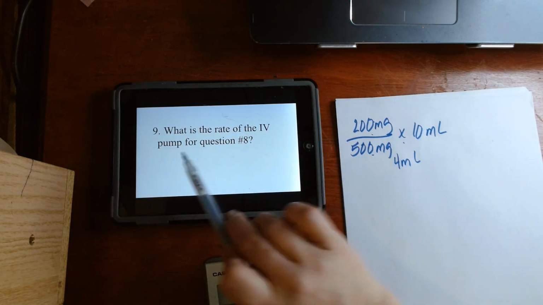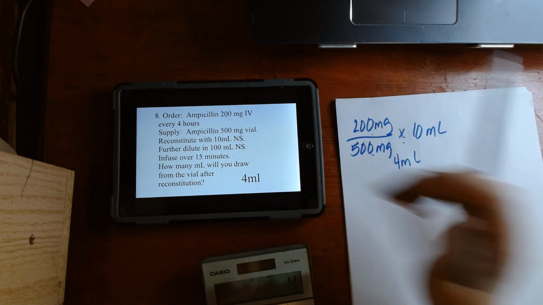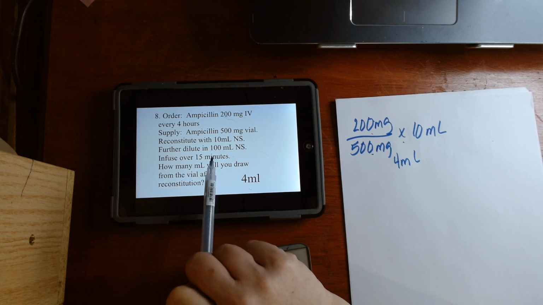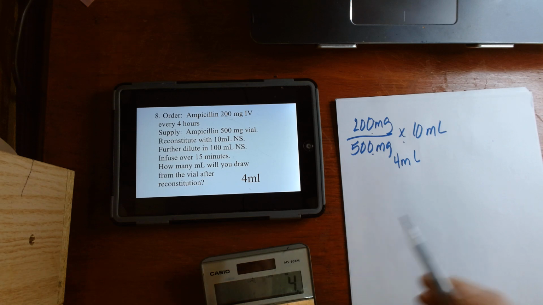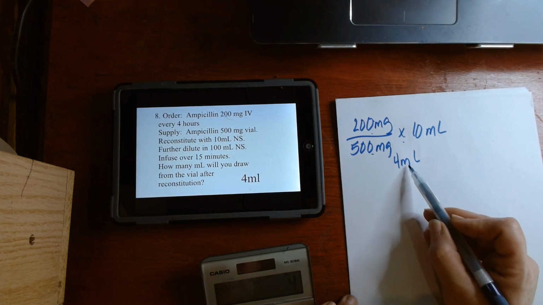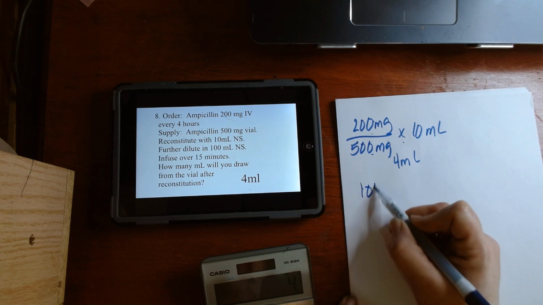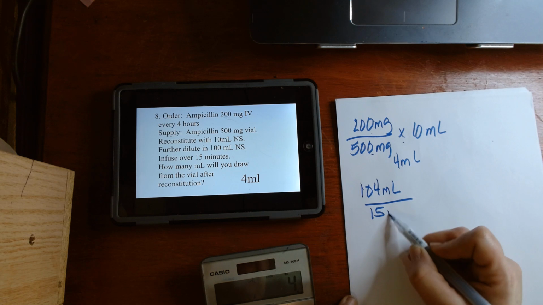And look, it asks, what is the rate of the IV for that question? So we have to figure that. Once you draw your 4 milliliters out, further dilute it in 100 milliliters of normal saline and infuse it over 15 minutes. So if we take just 4 milliliters and put it in a 100 milliliter bag, our total volume is going to be 104 milliliters. It's going over 15 minutes.